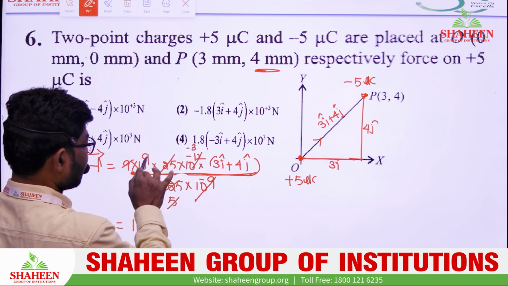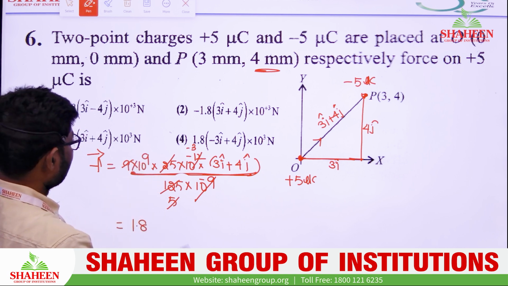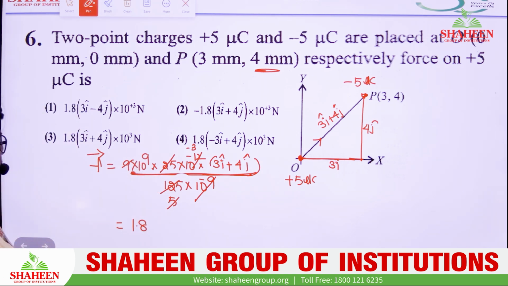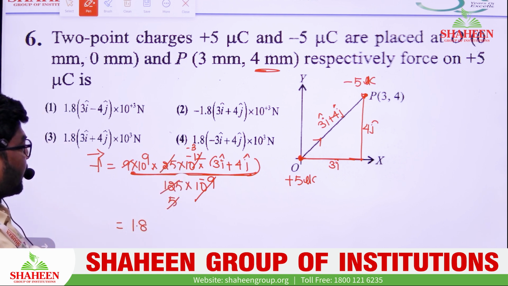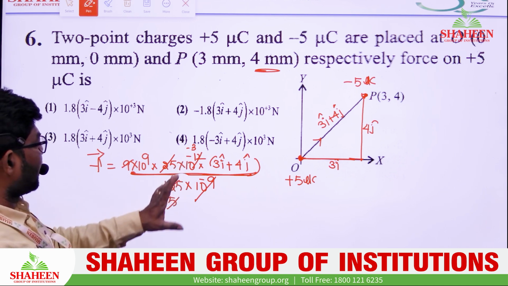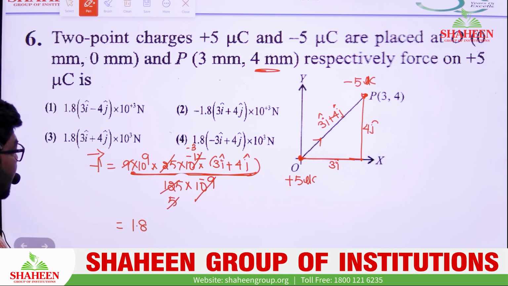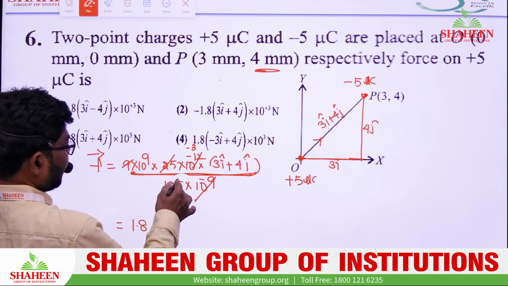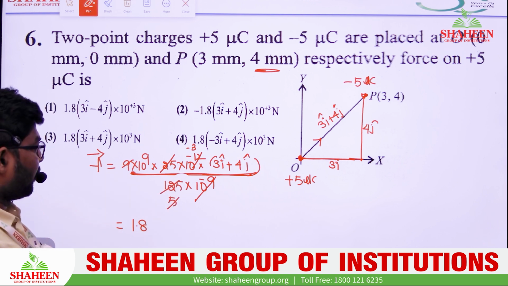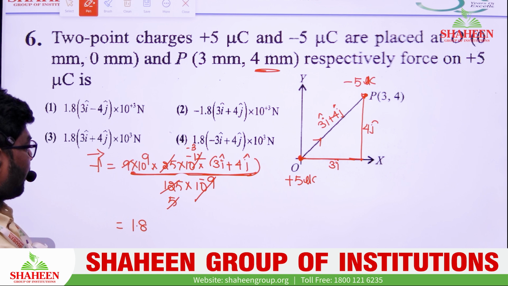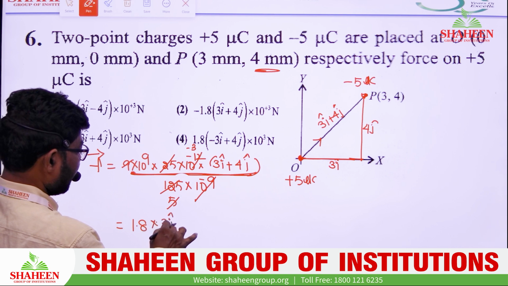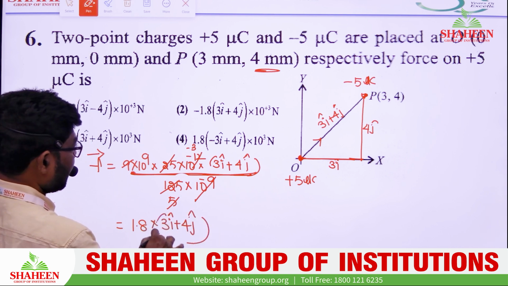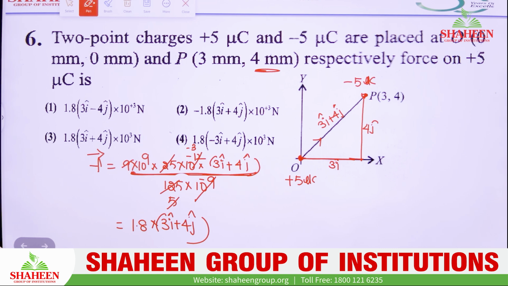Minus 3 is present, and 10 power 6 is present against 10 power minus 3 whole square. So 5 into 10 power minus 12 over 5 cube into 10 power minus 3 whole cube gives 1.8 into 3i cap plus 4j cap.